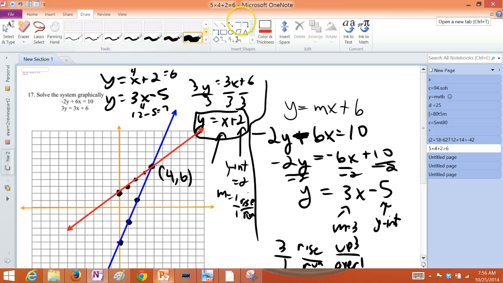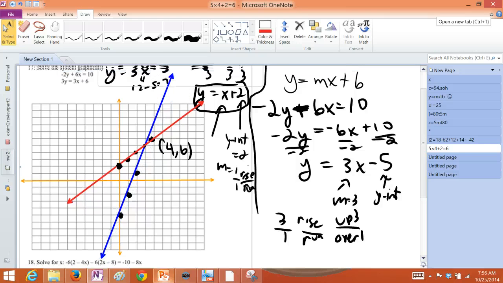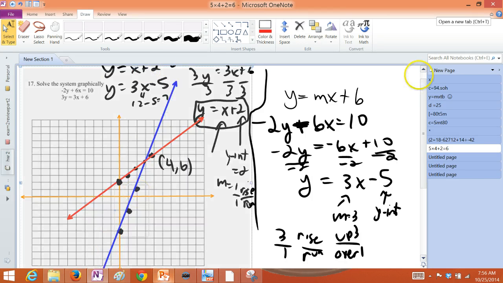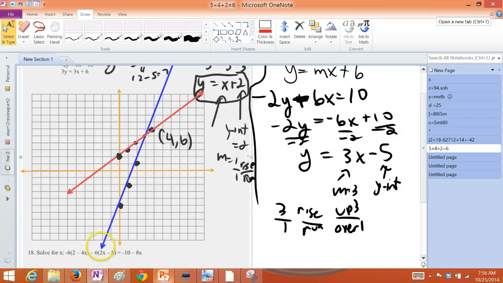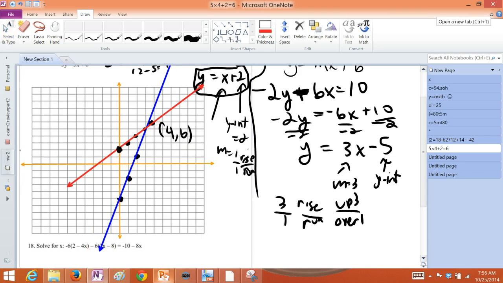This line here isn't quite accurate. We have to move it a little bit. Like that. Yeah, that's better. So it's just a guess, because it doesn't look like they're going to cross at an actual grid point.